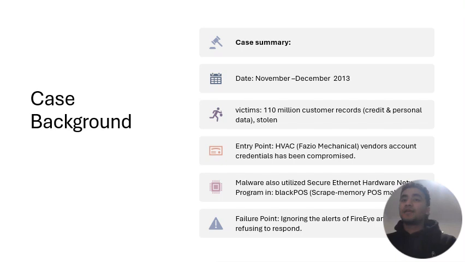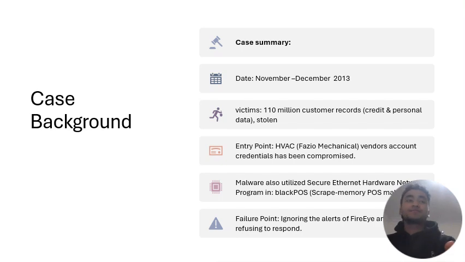According to this case study, I found that the entry point was the credentials from one of the HVAC refrigeration mechanical vendors. The malware also utilized secure Ethernet hardware network programs in a black box.